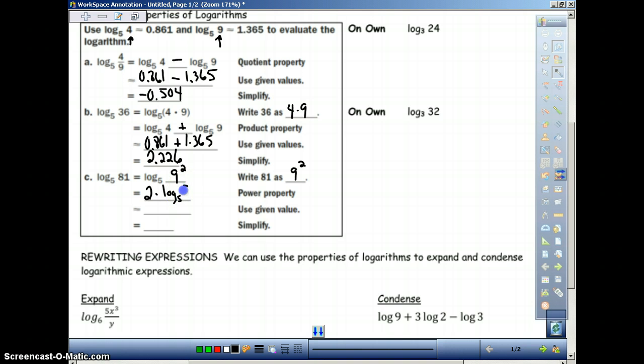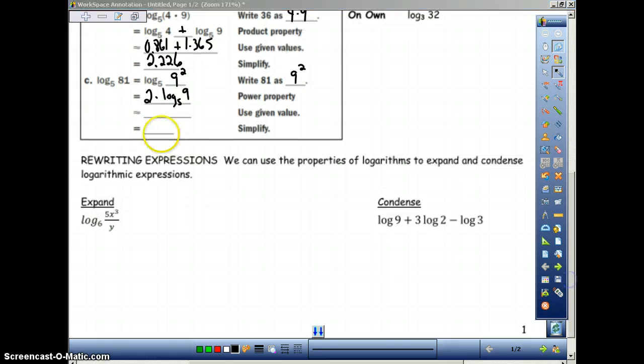All we did was bring the 2 out front. That's what our property says. So we have 2 times our log 9, which is 1.365. You multiply those two together and you get 2.73. Okay, so that's just using our properties to our advantage here.